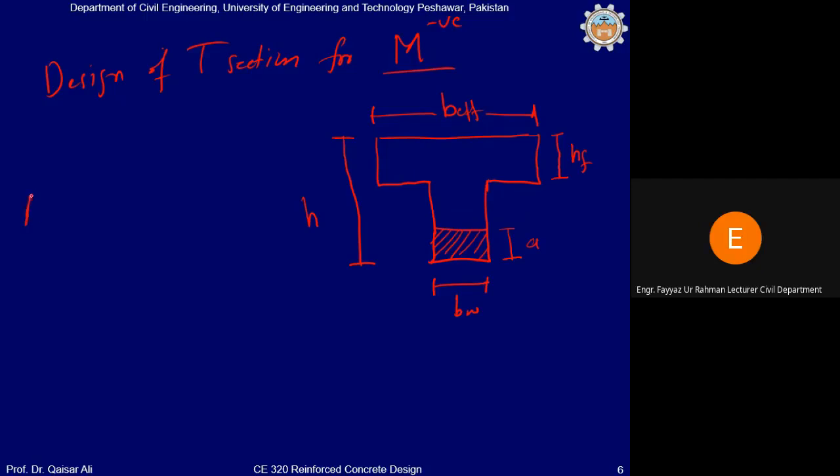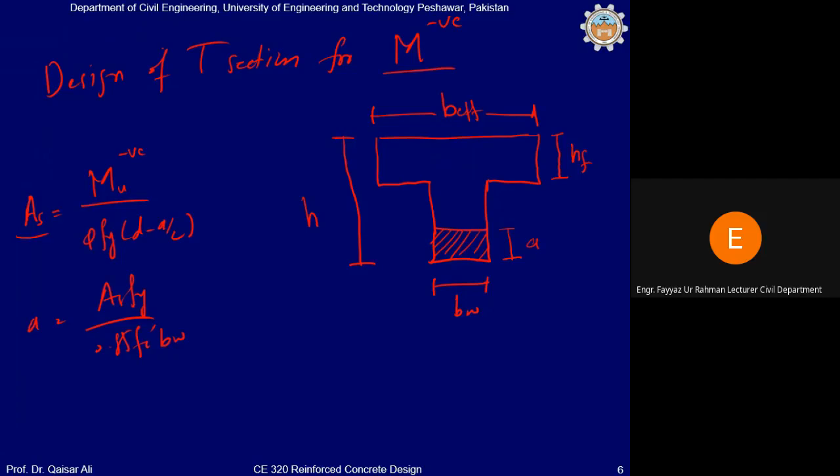So what you will do again, you will use the same two equations. A s is equal to M negative divided by phi fy into d minus a by 2, and a is equal to As fy divided by 0.85 fc prime b, and here b will be bw because the compression block will be in the web portion. Now clear? Just do the same trial and error, trial and adjustment, and finally the design reinforcement will be calculated.